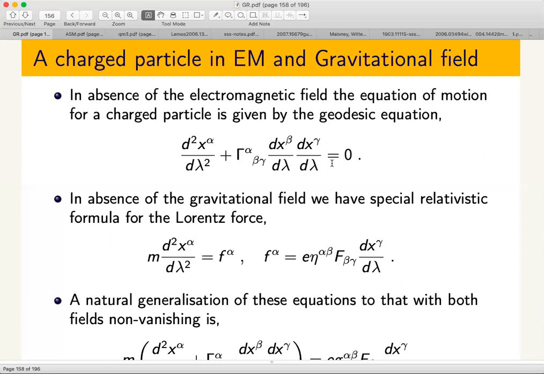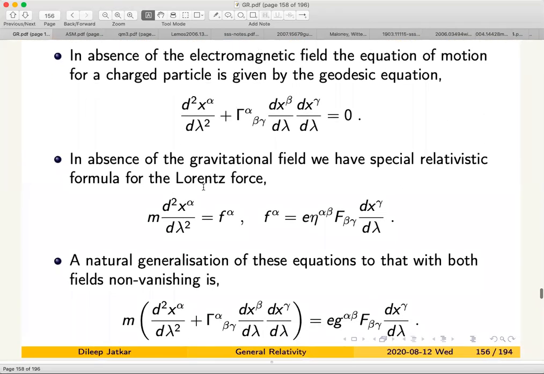Okay. On the other hand, we also know how a charged particle would move in an electromagnetic field in the absence of gravitational field. So that is the equation like this, where acceleration of a particle is related to the external electromagnetic force, which is what is called the Lorentz force.